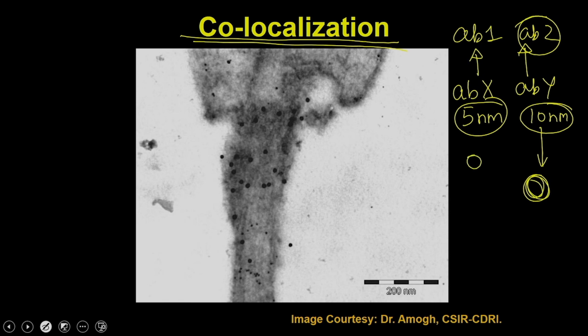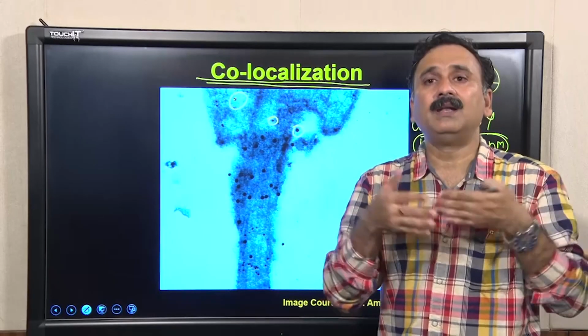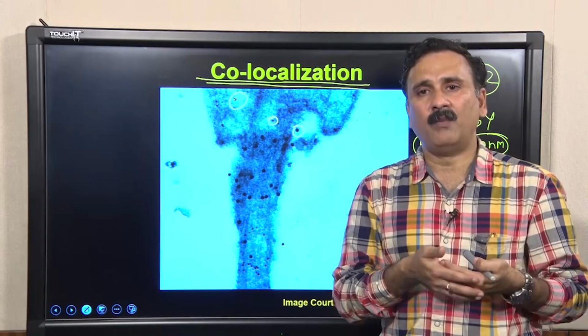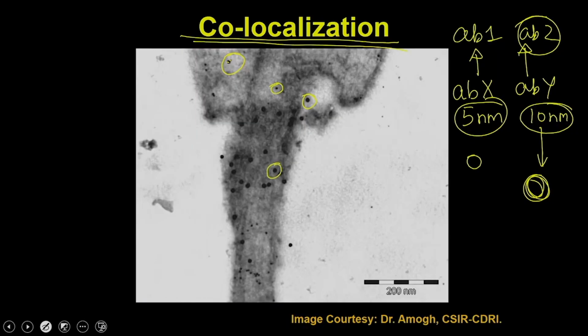For example, in this case you see these are the 5 nanometer circles and these are the 10 nanometer circles. In some places, for example here, you see that the 10 nanometer as well as the 5 nanometer are sticking to each other, which means at this place the proteins AB1 and AB2 are interacting with each other, which means they are co-localizing and probably forming a complex, whereas at other places the 10 nanometer and 5 nanometer signals are different.